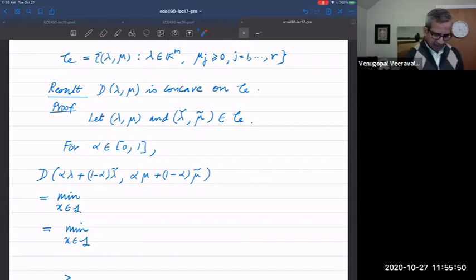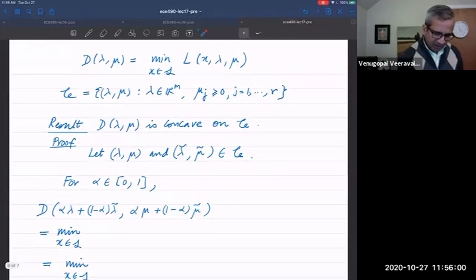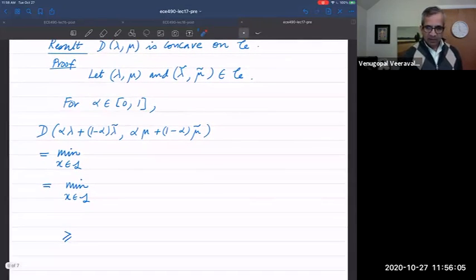Okay, so this function is a function of these two variables, lambda and mu, and that's given by the minimum. If we go back up here, it is the minimum of the Lagrangian corresponding to this variable.